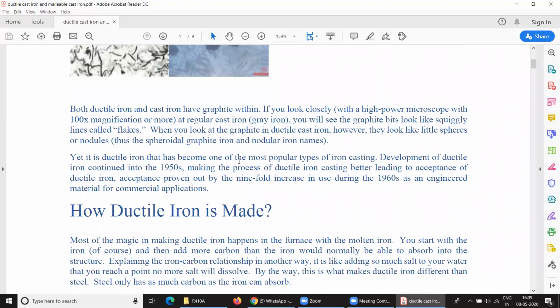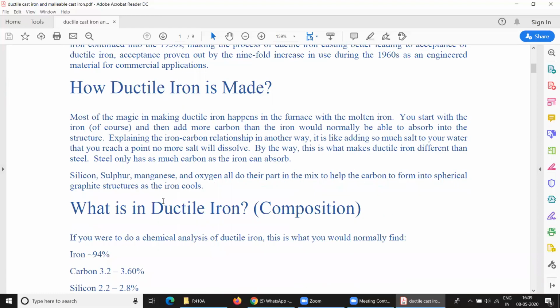It has become one of the most popular types of iron casting. Development of ductile iron continued into the 50s, making the process better and leading to acceptance of ductile iron, proven out by a ninefold increase in use during the 1960s as an engineering material.